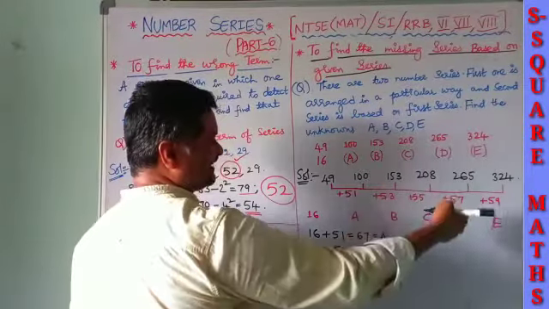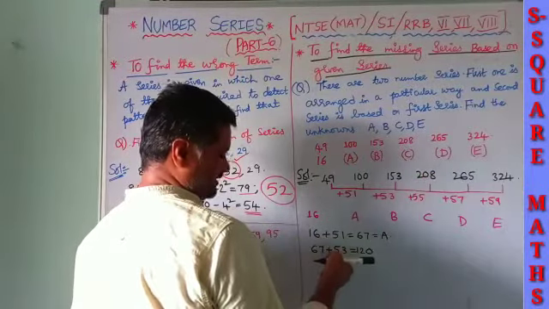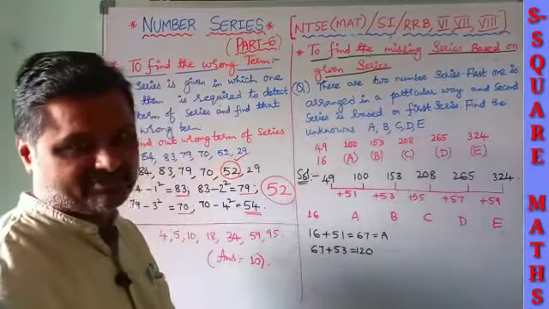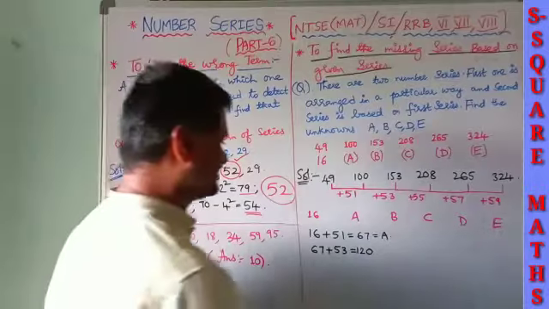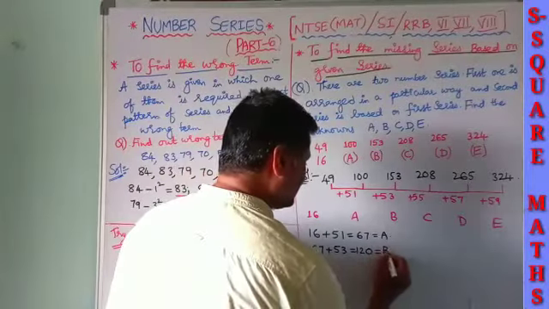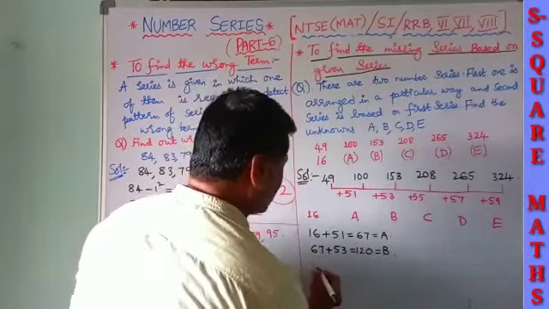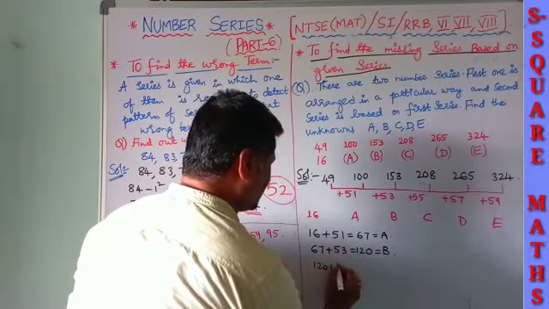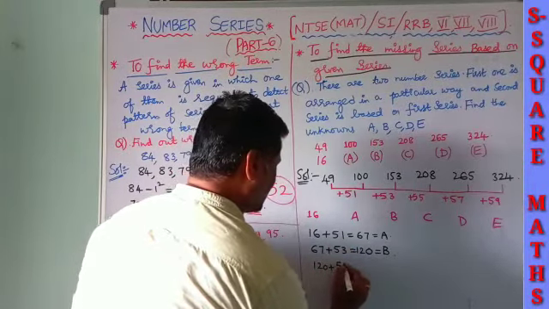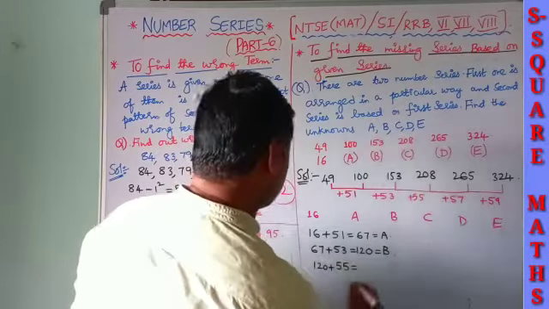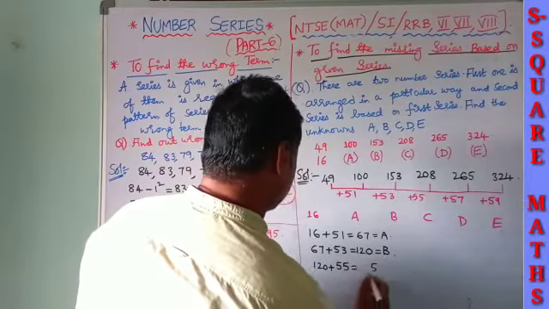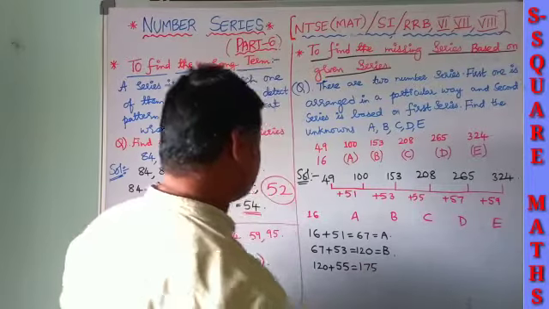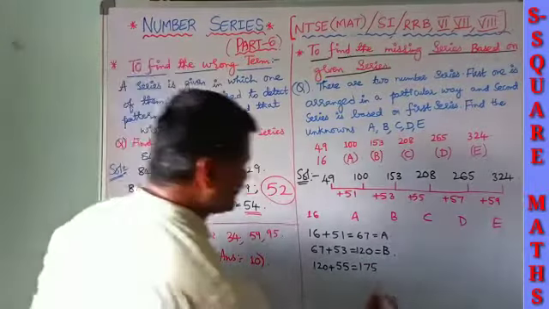Since to get the next term, we should add subsequently the next odd number, 51 first and afterwards 53, nothing but here it is B. Next, continuing, 120 plus 55 gives you 175, nothing but our C.